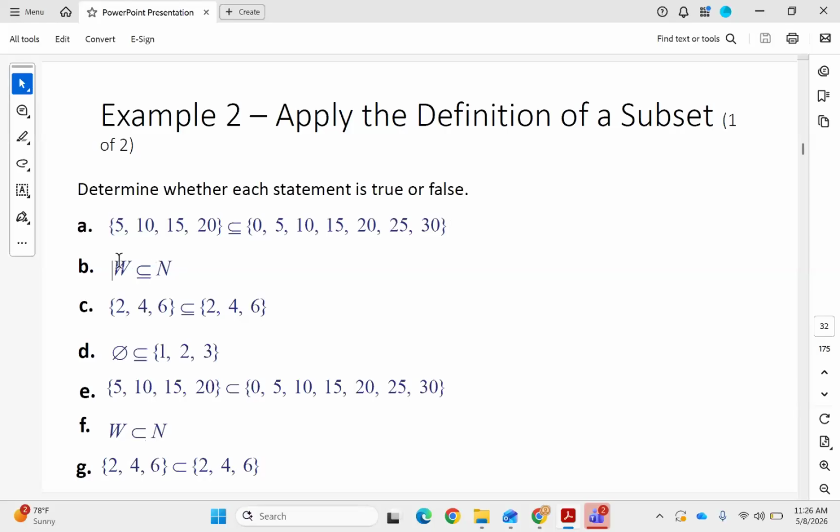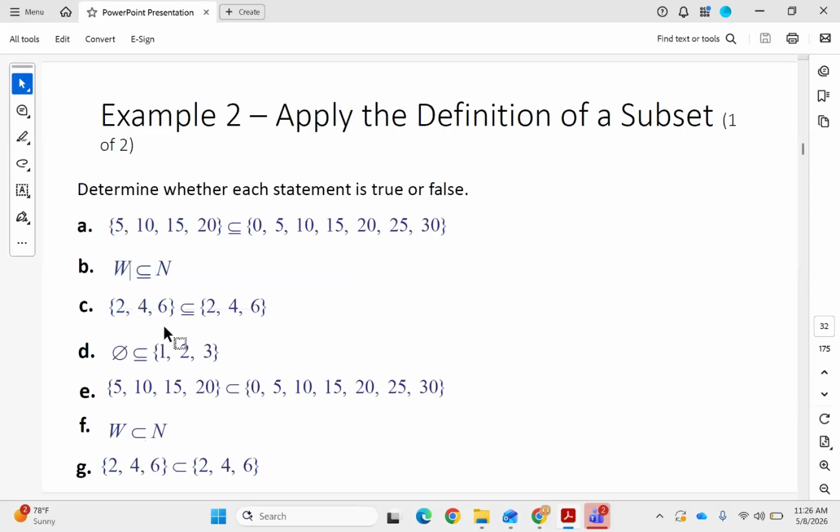Well, this statement is actually false because, in fact, the natural numbers are smaller than the whole numbers. How would you prove this in a simpler way? Well, if you find an object that is in W but is not in N, that automatically makes this statement false. And the example would be 0 because 0 is considered a whole number but it's not a natural number.